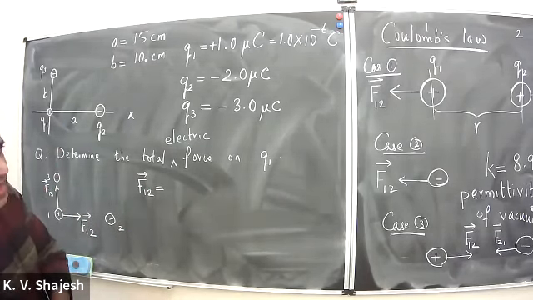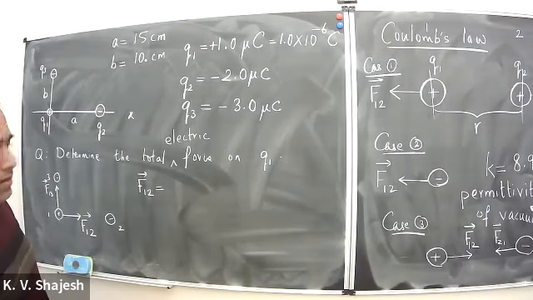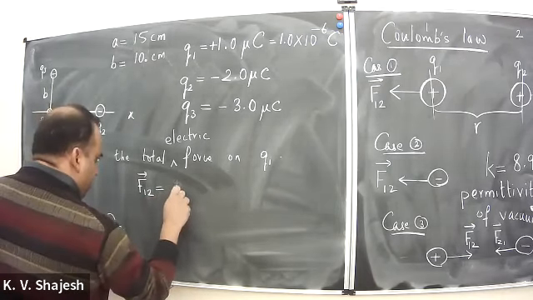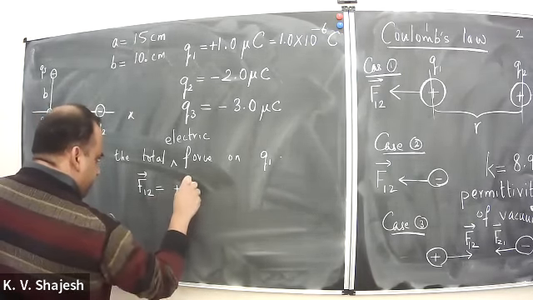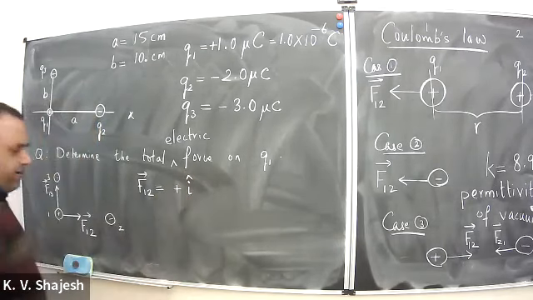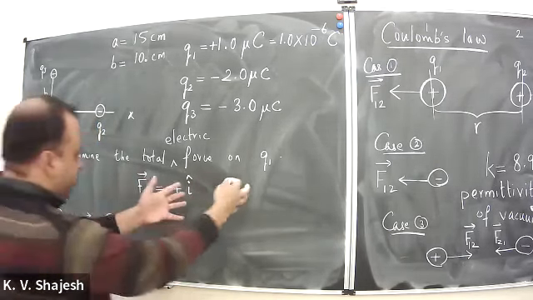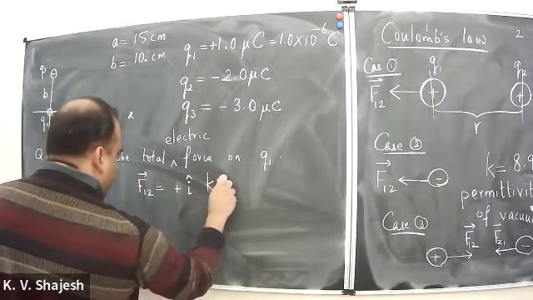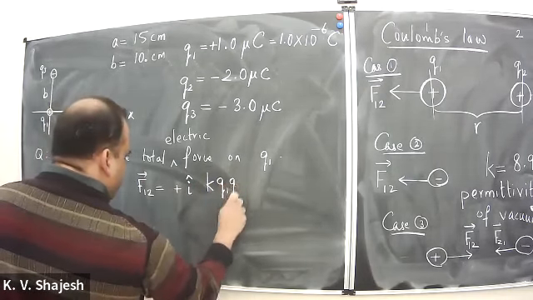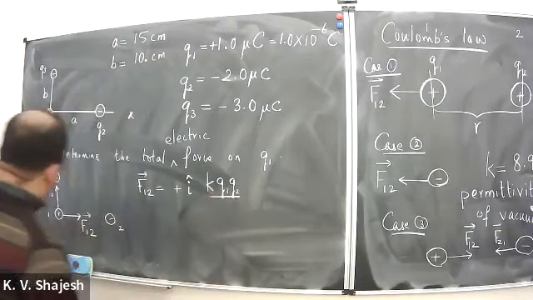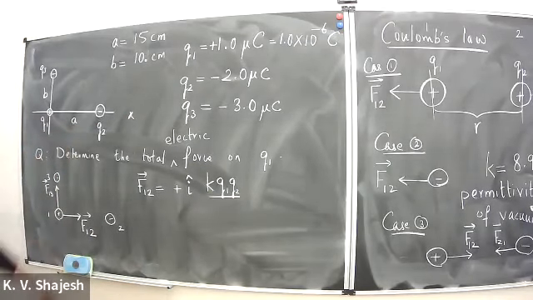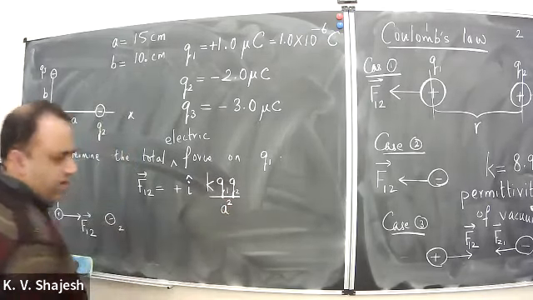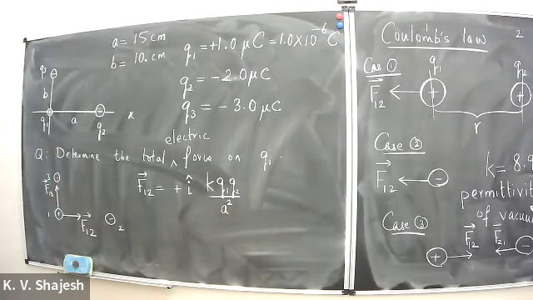So when I wrote R hat earlier in Coulomb's law, now I know that this is I hat, plus I hat. So that's the direction of this force. And then there is a number there, which I have to calculate. That's determined by Q1 times Q2 times K, over the distance between 1 and 2, that's A squared. And we have to put in those numbers to calculate that.